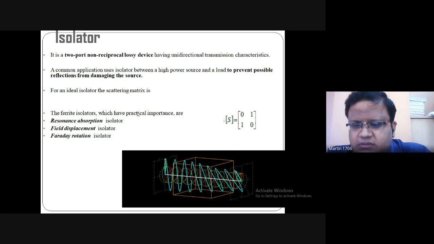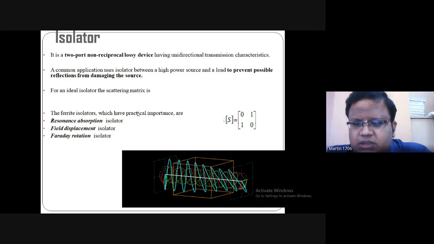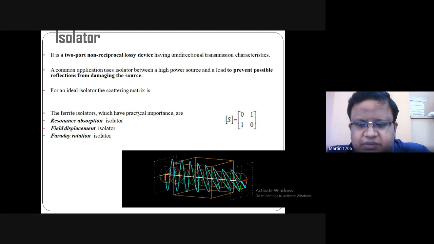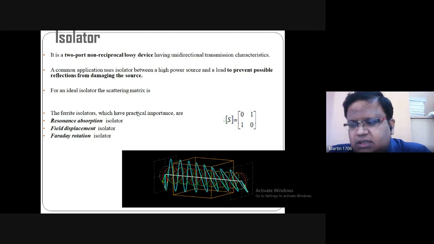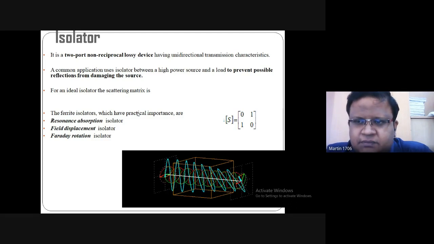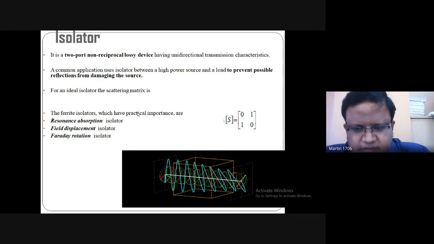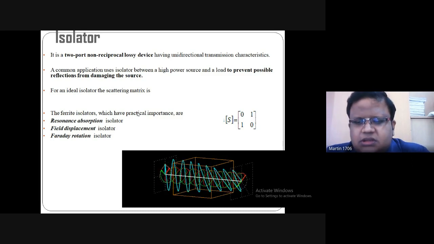Under the non-reciprocal devices, we have seen only two types: one is the isolator and another is the circulator. This isolator device is used to prevent possible reflection from damaging the source. It does not allow the reflection.